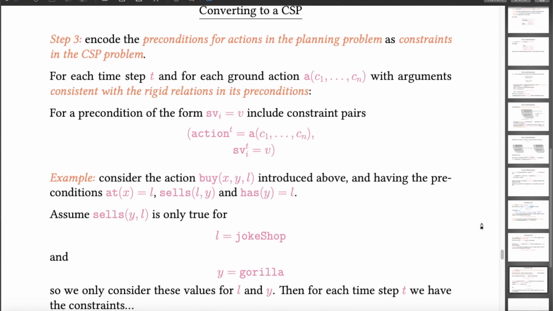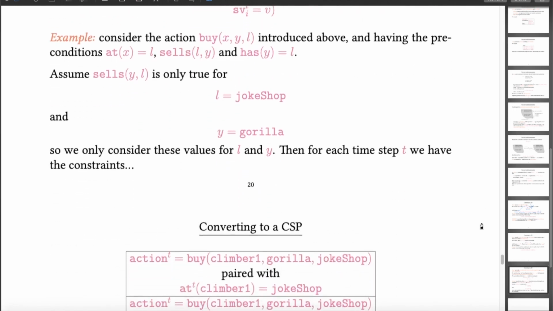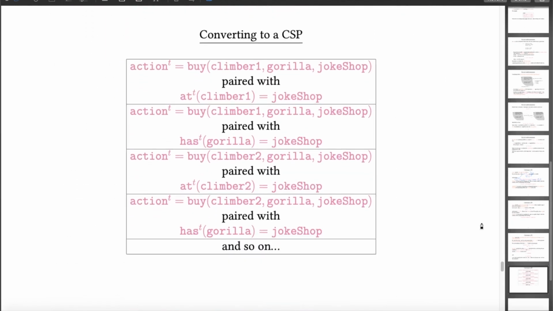So again, if we look at the action buy x y l, and we know that it has the preconditions that x is at l and l sells y and y is at l, and we know that sells y l is only true for l is joke shop and y is gorilla, so we only need to consider those values. Then we're going to introduce a collection of constraints that looks like this.